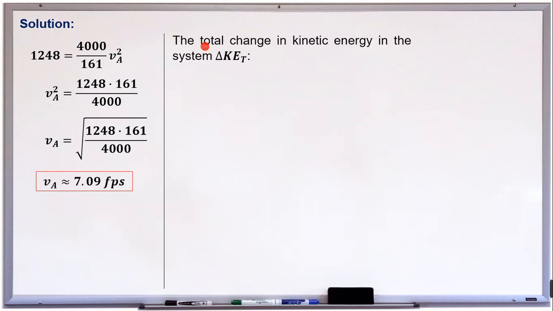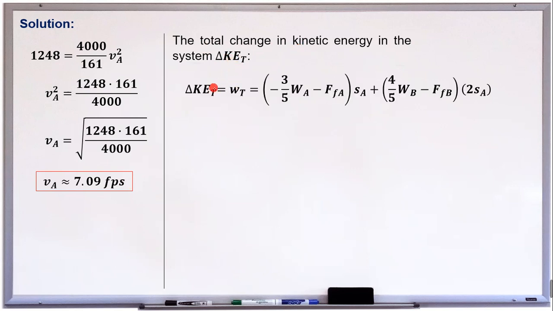Next, we are going to solve for the total change in the kinetic energy in the system. That's delta KE total. So you can use either the formula for the total kinetic energy, that is in terms of the weight and the square of the initial and final velocities, or you can also use the formula for the work done on the system, because both are equal.